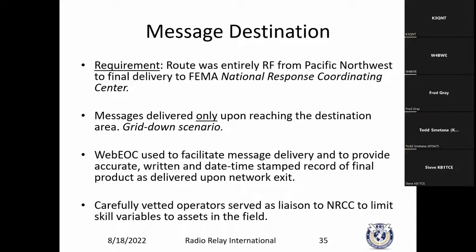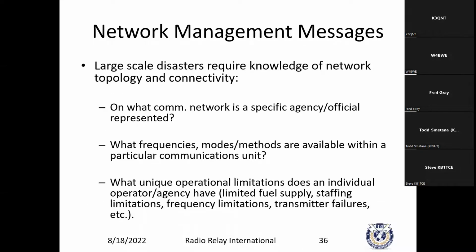We wanted operators who, at the delivery end, we knew would be competent to do the job, serve the agency, and not introduce unwarranted errors before an appropriate measure could be made of these various factors: accuracy, message propagation through the network, et cetera. So we did carefully vet the delivering operators.